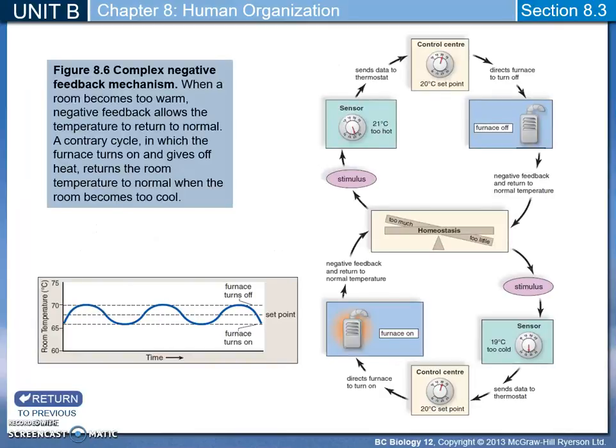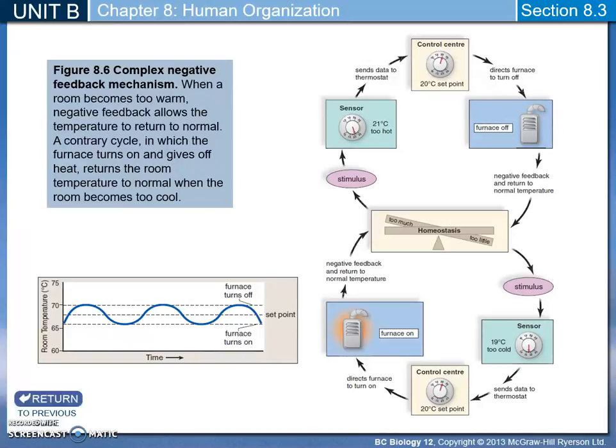And so here, as you can see, are both kinds of feedback loops. The top one would be an example where there's too much heat, so that stimulus is detected by the sensor, which sends data to the thermostat, which directs the furnace to turn off, which then will allow the room to cool and the temperature in the room to get back to the set point.